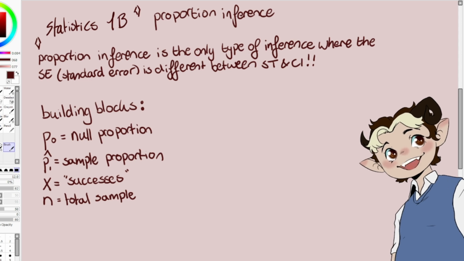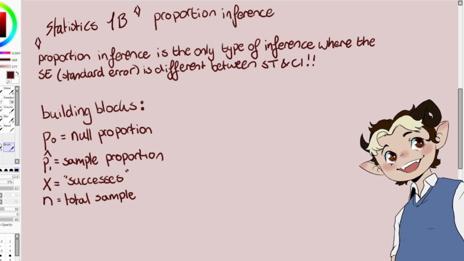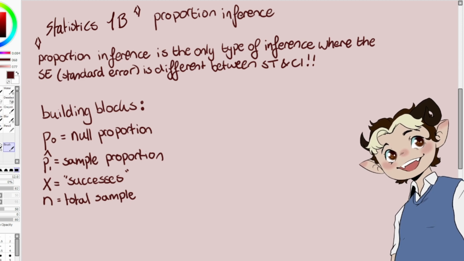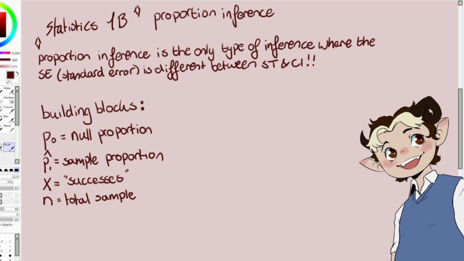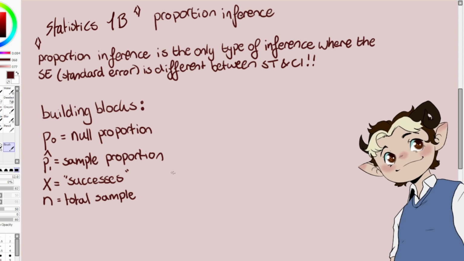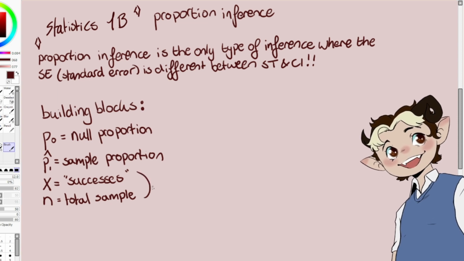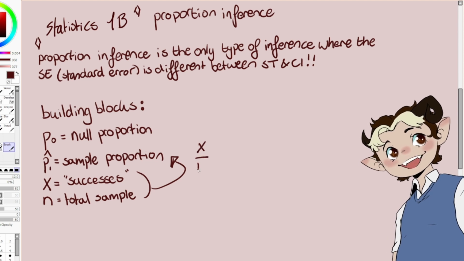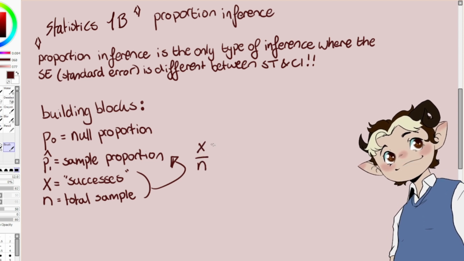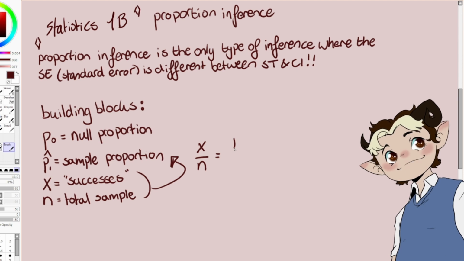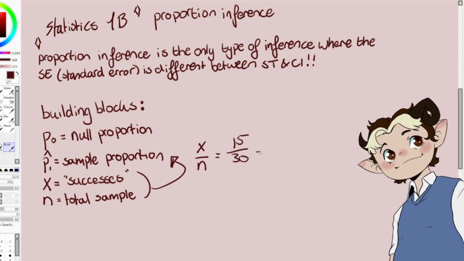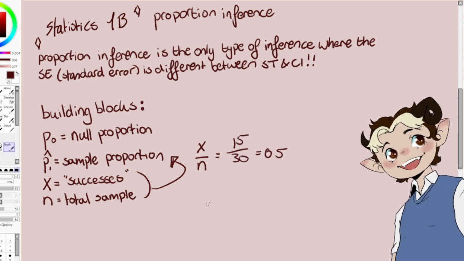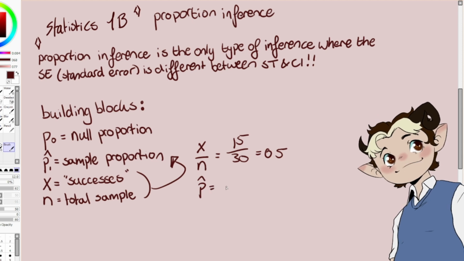Then you have your sample proportion. We get that by taking the x and the n and doing x divided by n. So in the example I just gave, 15 divided by 30 is 0.5, so our p hat would be 0.5.